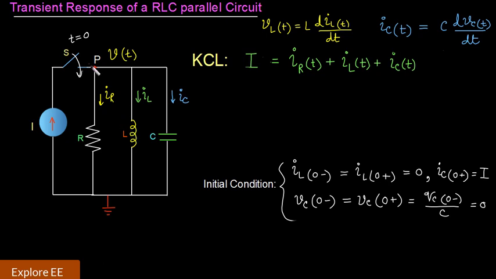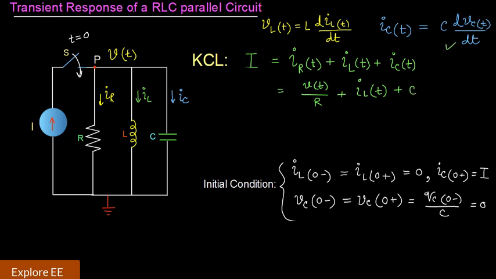Now applying Kirchhoff's current law, or KCL, at node P for t greater than 0, we get the input DC current I as the sum of all branch currents. Current through the resistance is iR(t), current through the inductor is iL(t), and current through the capacitance is iC(t). Now the current through the resistance can be written as v(t) by R. Current through the inductance, let us write simply as iL(t), and as we know, current through a capacitor is given by C times dVc/dt.